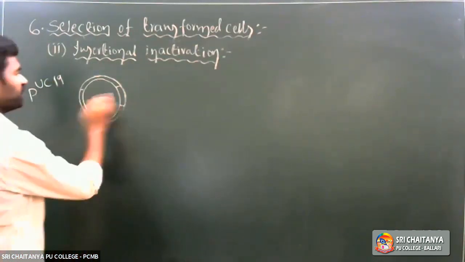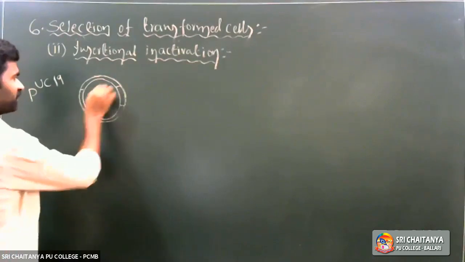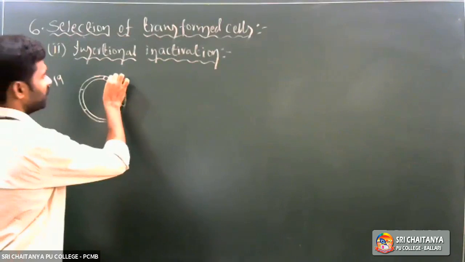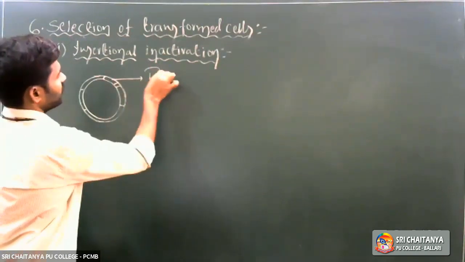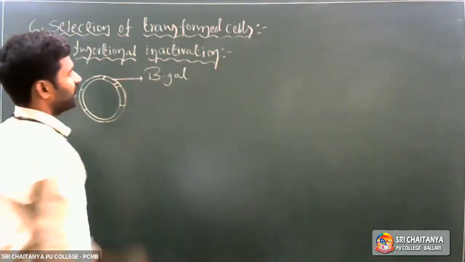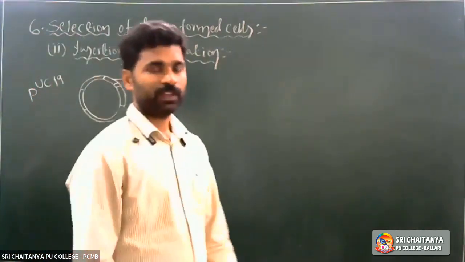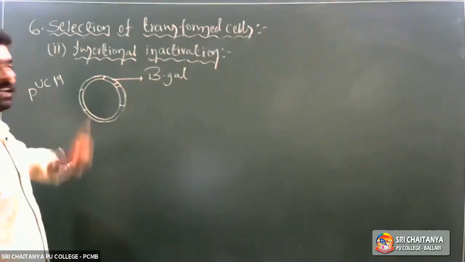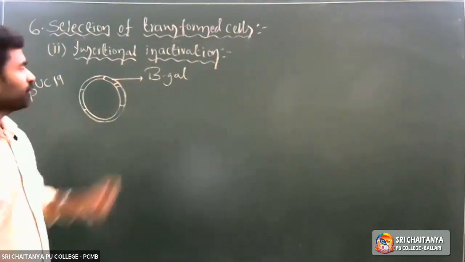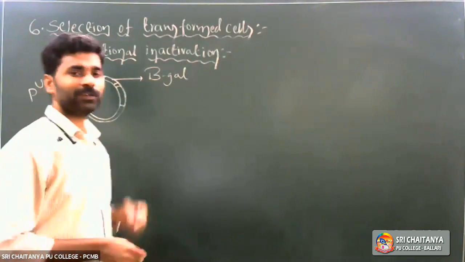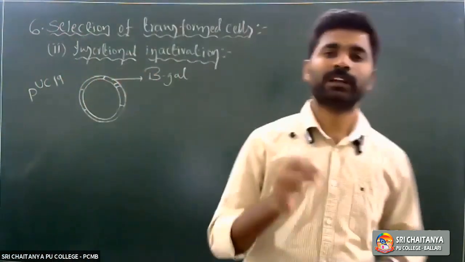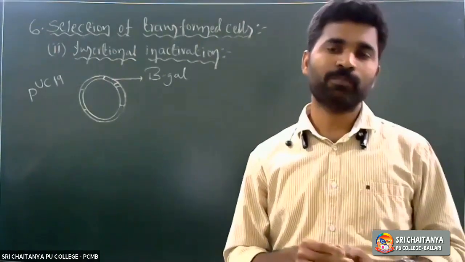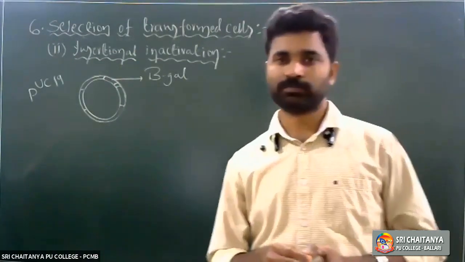But in addition to these two antibiotic resistance genes, it has another sequence, the B-Gal sequence, the beta galactosidase enzyme sequence, located in pUC19. What is its use? The B-Gal sequence is responsible for the synthesis of beta galactosidase enzyme.